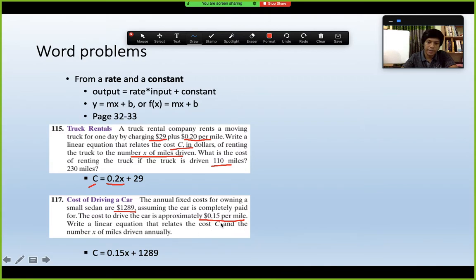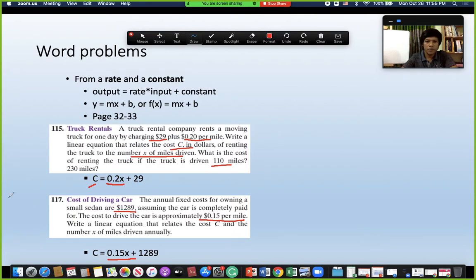So that's why, again a similar situation, 0.15x, and then the fixed cost is this money. No matter how many miles you go, you have to pay this money. That's why it is coming as a cost. So see, what is happening is the fixed thing goes separately.